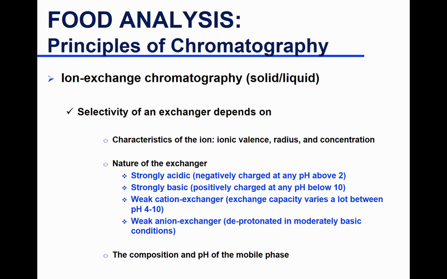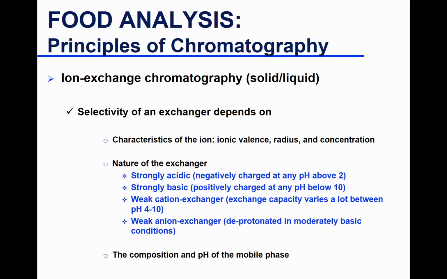When you have a weak cation exchanger, that means a weak acid, you can actually change the pH. You can increase the pH or decrease the pH, and then you're going to affect the protonation state of your stationary phase. By doing so, you are changing the capacity of the column.